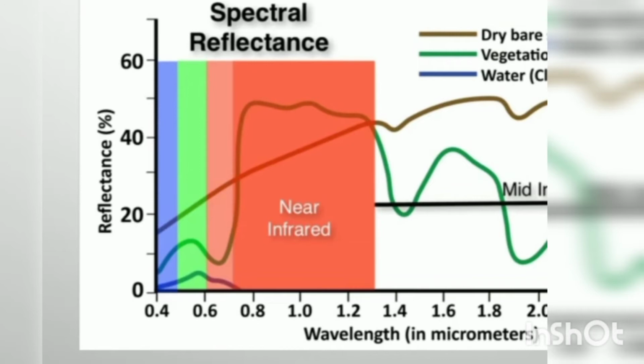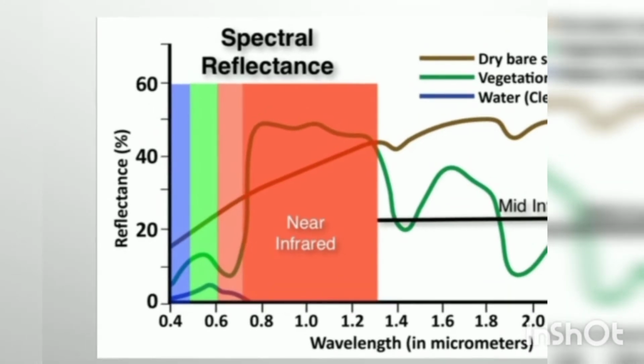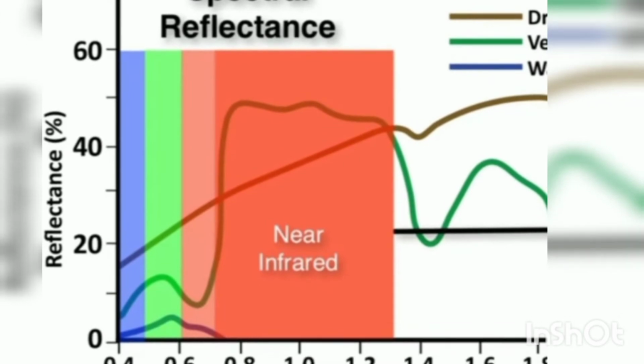Next, we can take the vegetation. As we look into the graph of vegetation, we can see there is a peak in the 0.5 region. That is, 0.5 means 0.5 micrometer. 0.5 micrometer corresponds to the green wave of the visible light.